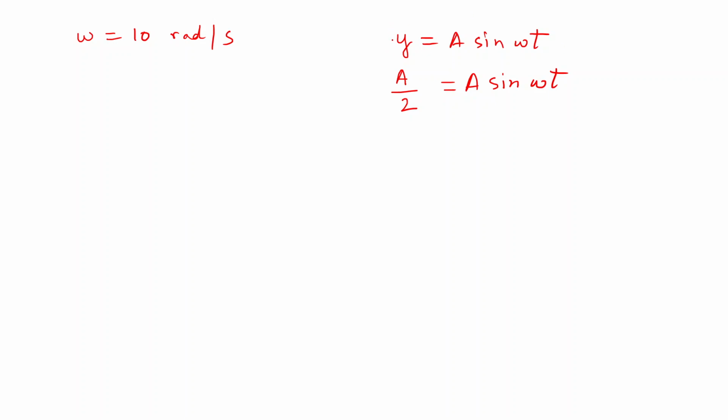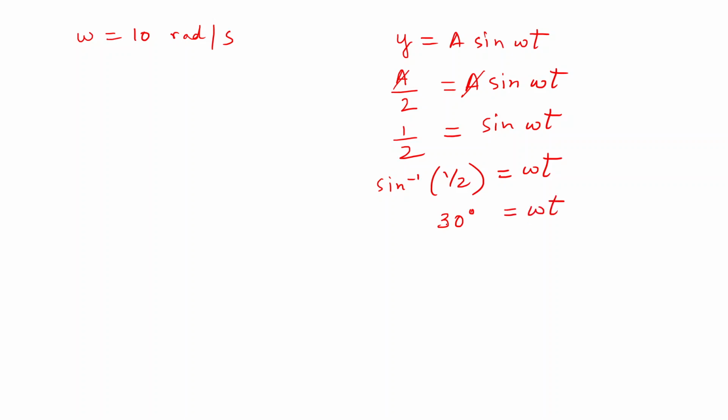So in this equation of motion, when you put this value, it will be half equals sine omega t. Now we will take the sine inverse of this. Sine inverse of half will be equal to omega t. Sine inverse of half is 30 degrees, right? Sine 30 gives half. So omega t is 30 degrees, which in radians we can write as pi by 6.